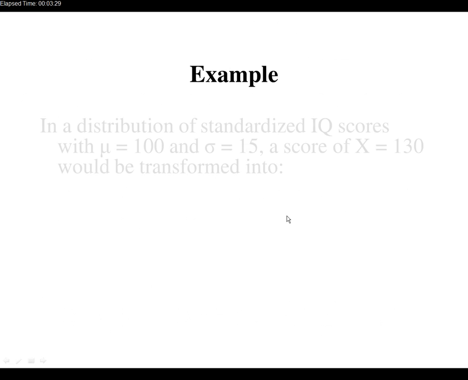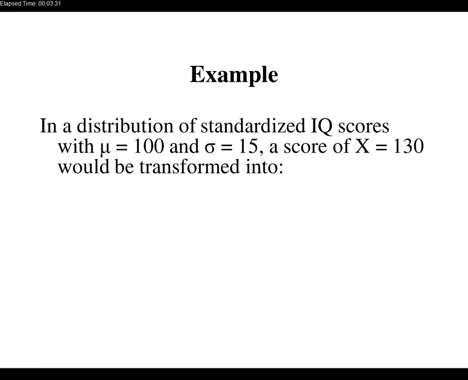Here's an example. In a distribution of standardized IQ scores with a mean of 100 and a standard deviation of 15, a score of x equals 130 would be transformed into z equals plus 2. Why? Because the standard deviation is 15, and 15 times 2 equals 30.